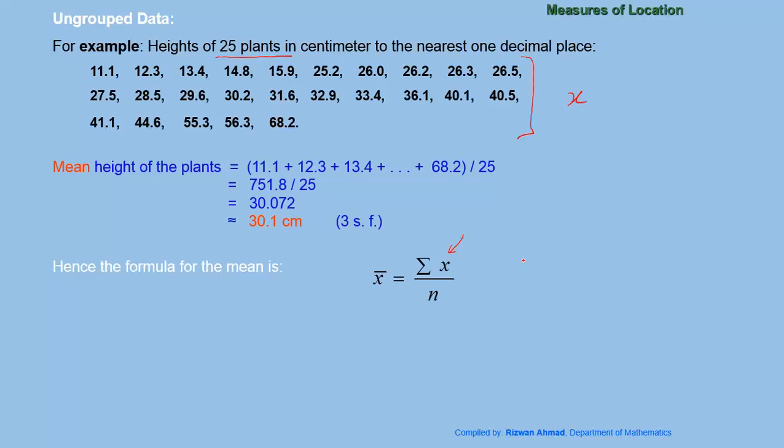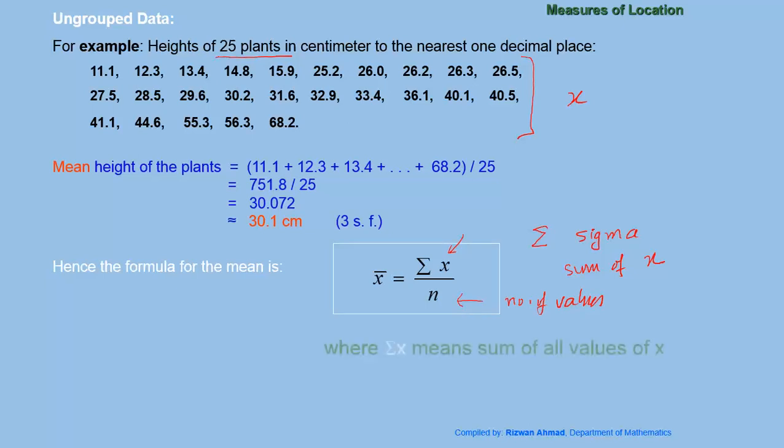The notation sigma, the Greek alphabet sigma, means the sum of whatever is written after it. So it means the sum of x divided by n, where n stands for the total number of values. This is for ungrouped data.